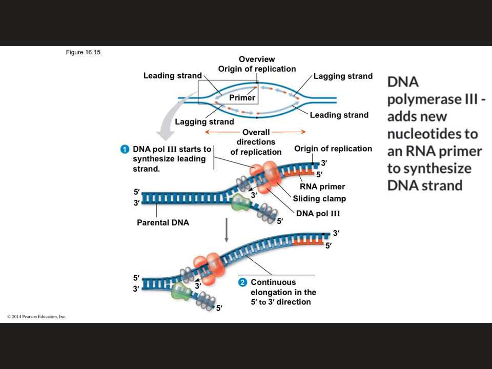And that's what is called the leading strand. So I had mentioned the leading strand before, and this one is referred to as the leading strand of DNA because it's going to be formed continuously going in the 5' to 3' direction with no breaking up of the DNA.